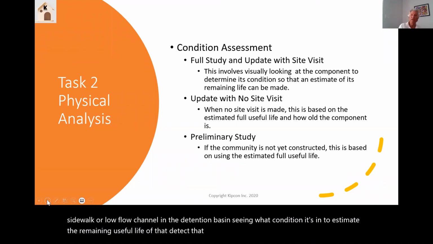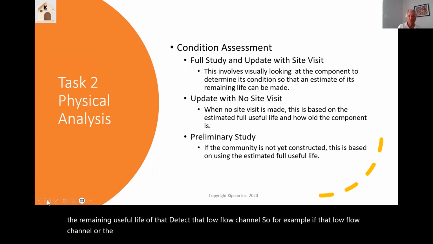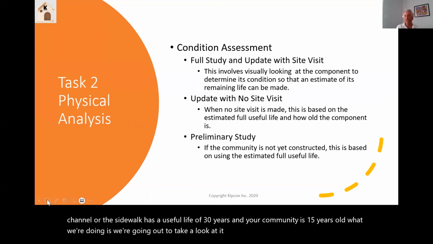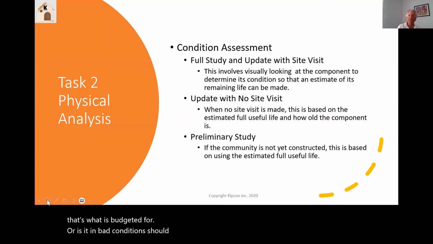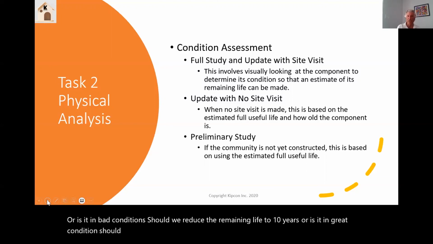So for example, if that low flow channel or the sidewalk has a useful life of 30 years and your community is 15 years old, what we're doing is we're going out to take a look at it to see, will this last 15 years because that's what it's budgeted for, or is it in bad condition? Should we reduce the remaining life to 10 years, or is it in great condition? Should we increase the life to another 20 years? So that's what a condition assessment does.